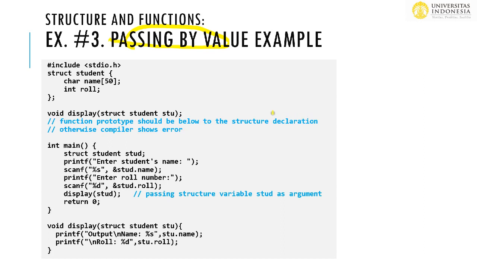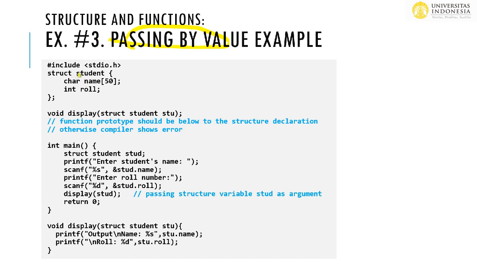When you deal with a pointer, you are using pass by reference. When you deal only with values, you just pass the values to a function. So to pass a structure to functions, you can pass individual structure members.